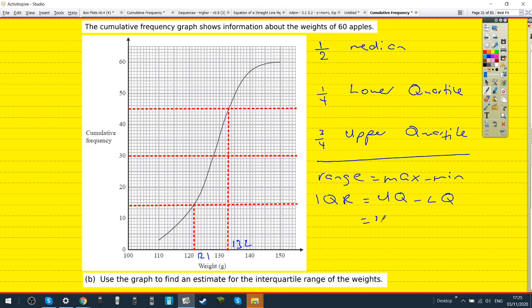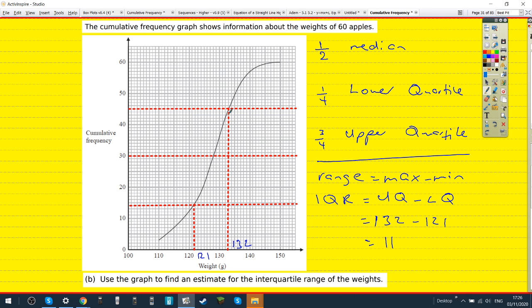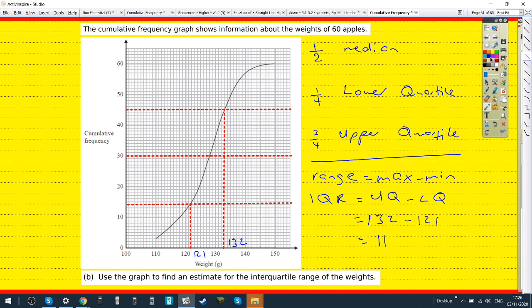So for this one, it'd be 132 take away 121. So 11. I'm just using the computer. Yes, it is exactly 11. Great.